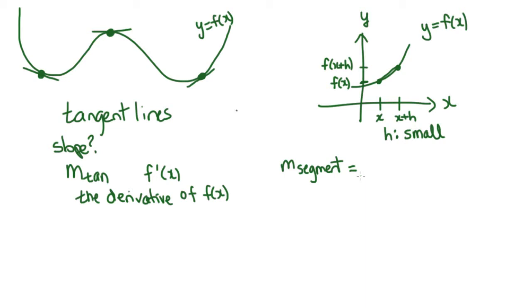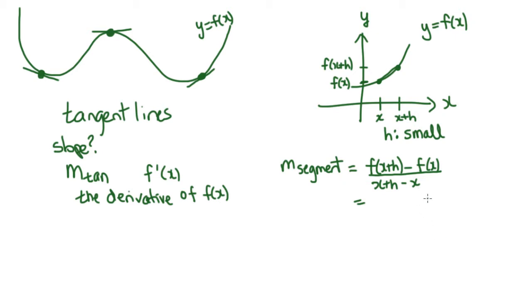So we're going to think about slope in the usual way, just as rise over run. So if we look at the rise of our line segment, it's f of x plus h minus f of x. And if we divide that by the run, the run is going to be x plus h minus x.